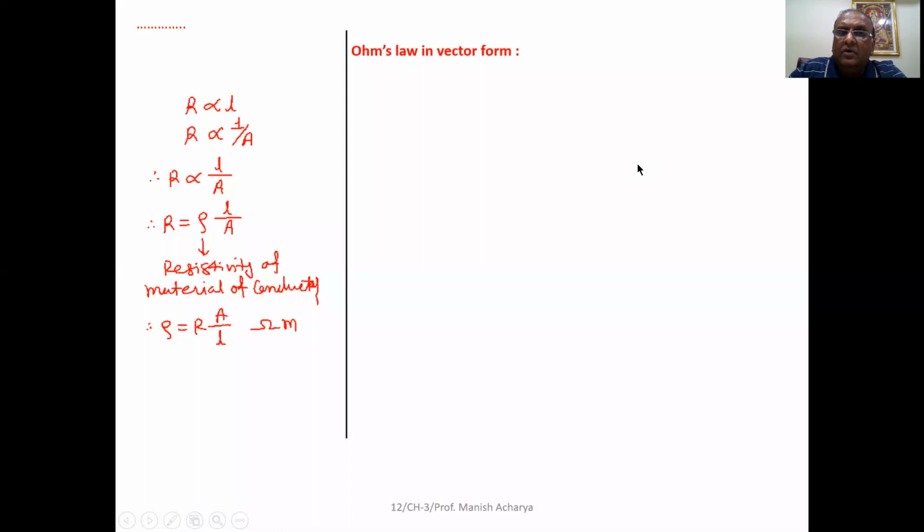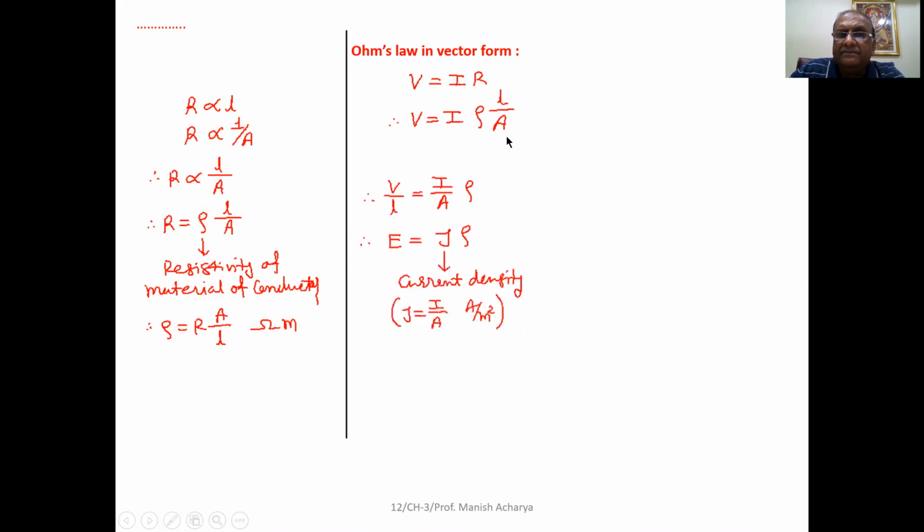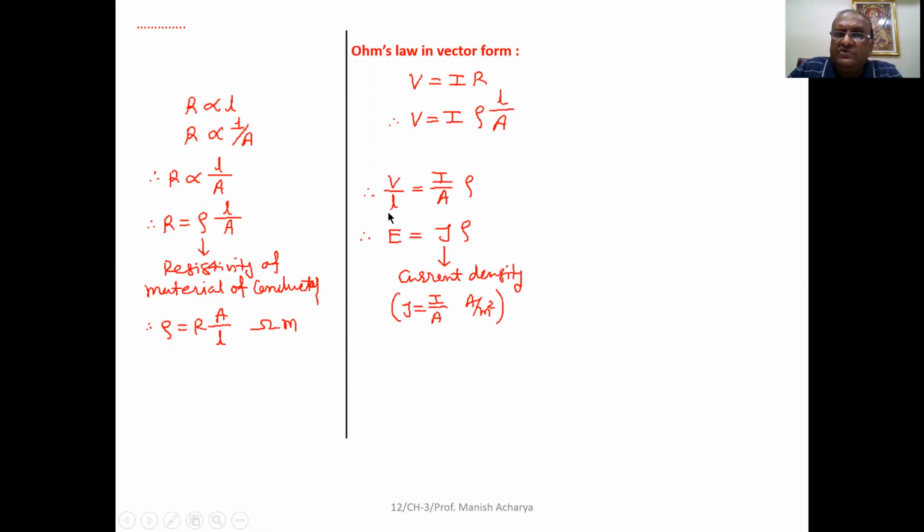Now, Ohm's law in vector form. As per Ohm's law, we write V equal to IR. But R is equal to rho L upon A. So resultantly, V equal to I rho L upon A. Now take L to the left-hand side, so we can write V by L, and on the right-hand side, I upon A into rho.